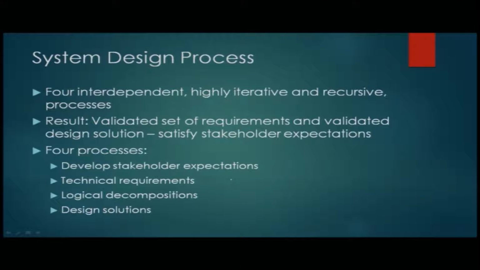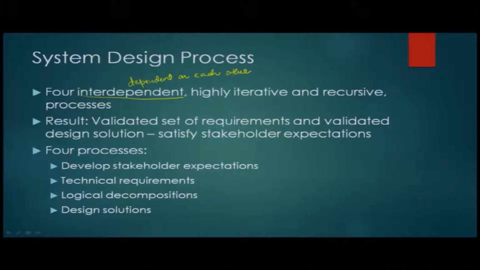So the system design process in the simplest sense is a set of four interdependent, highly interactive, iterative and recursive processes. So there are four processes that are interdependent, meaning they are dependent on each other.